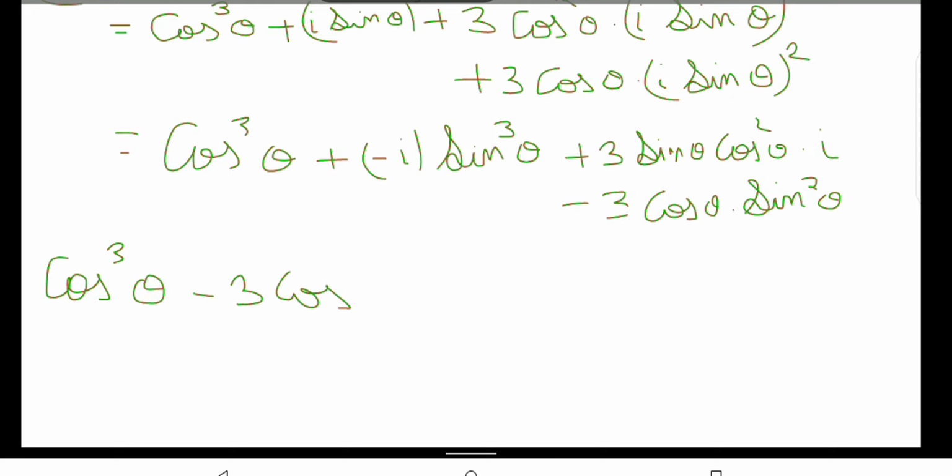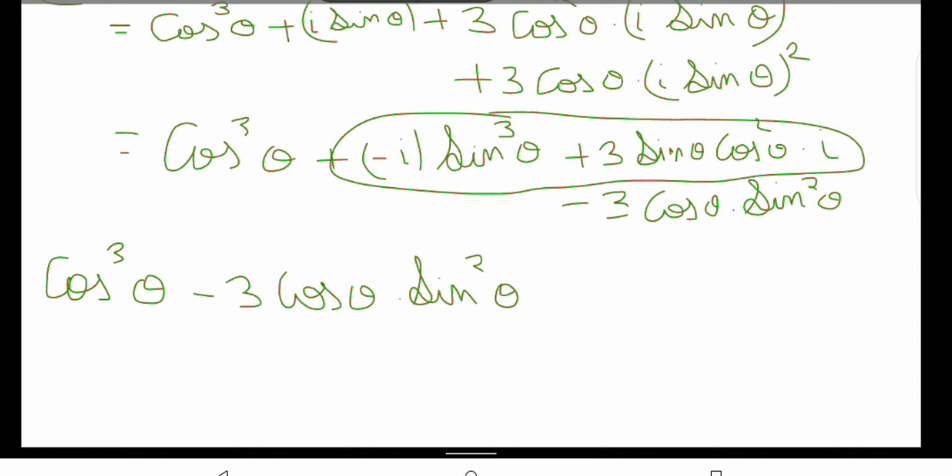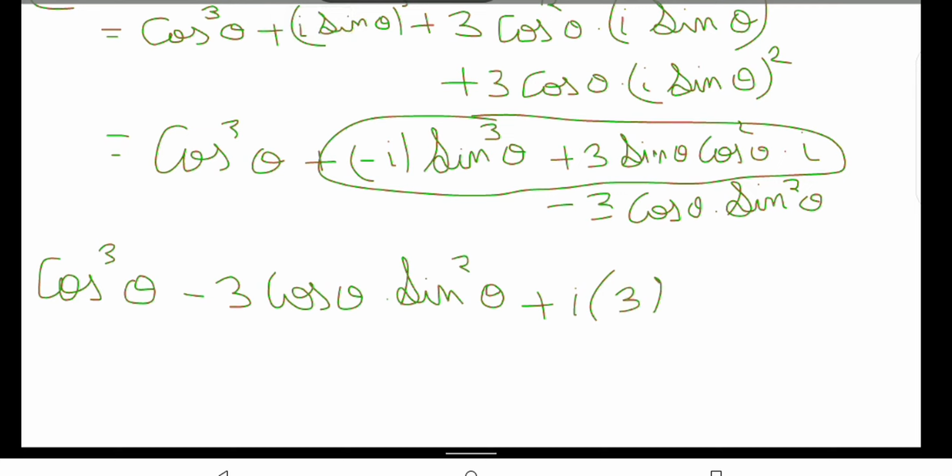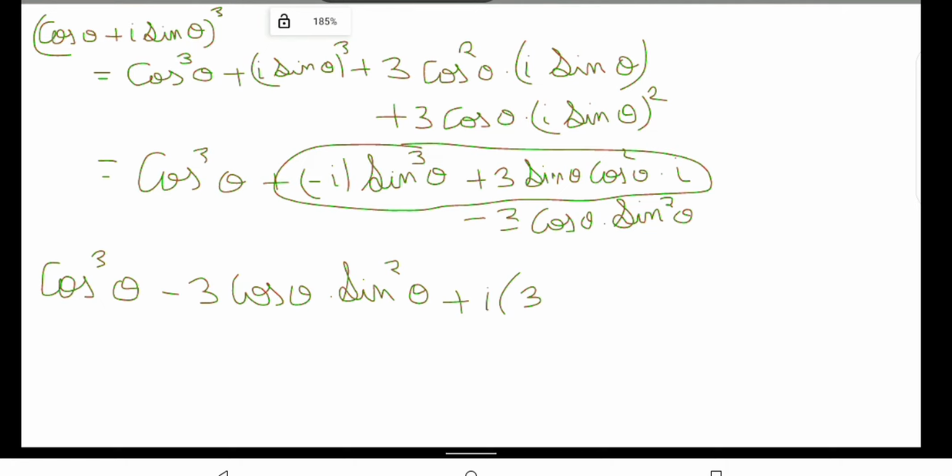Cos cube theta minus 3 cos theta into sine square theta, plus, out of this expression we can take i common, so plus i times (3 sine theta into cos square theta minus sine cube theta).